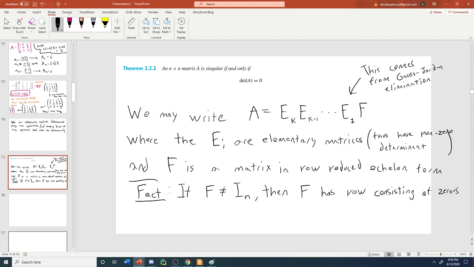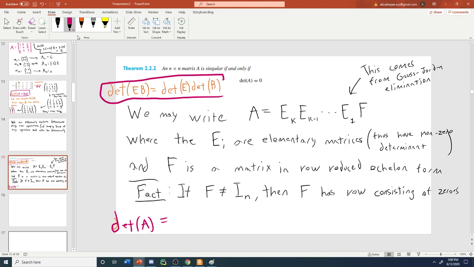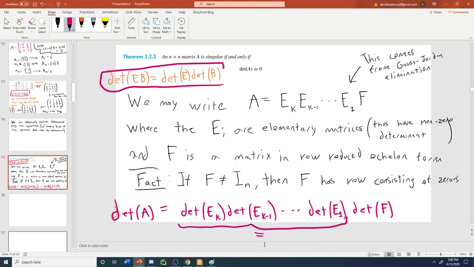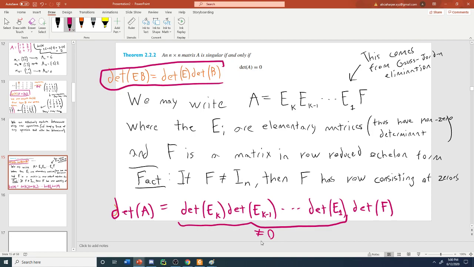Now, let's note the formula that we just proved. For an elementary matrix, the determinant of E times B is equal to the determinant of E times the determinant of B. So, in our specific case, by iteratively appealing to this formula, the determinant of A is equal to the determinant of E_k times the determinant of E_{k-1}, and so on, the determinant of E_1 times the determinant of F. Now, all of these determinants of elementary matrices are not zero, for the reason we proved before.